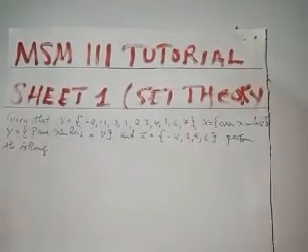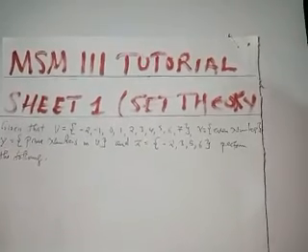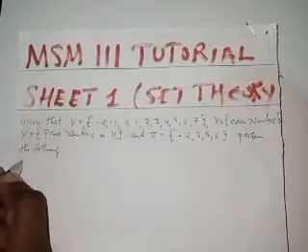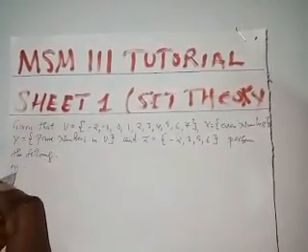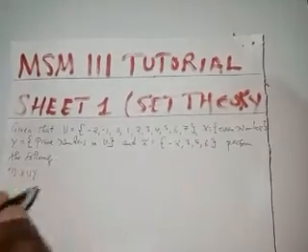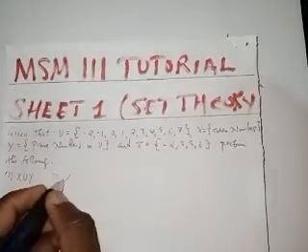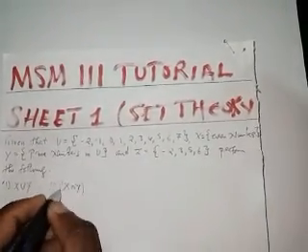Perform the following. Let me just write the questions which they are asking us. The first question is X union Y, and the second question is X intersection Y complement.